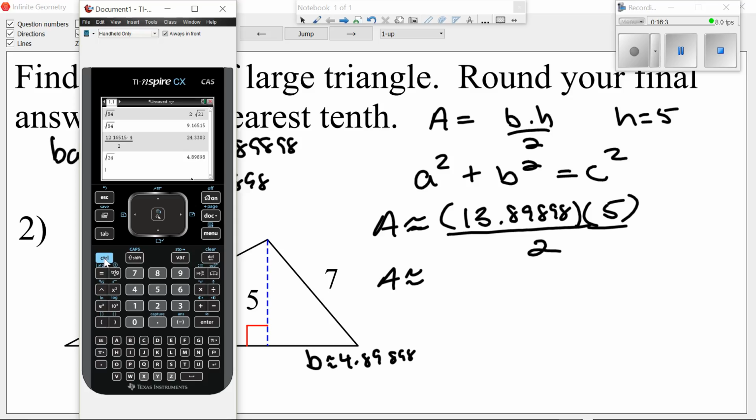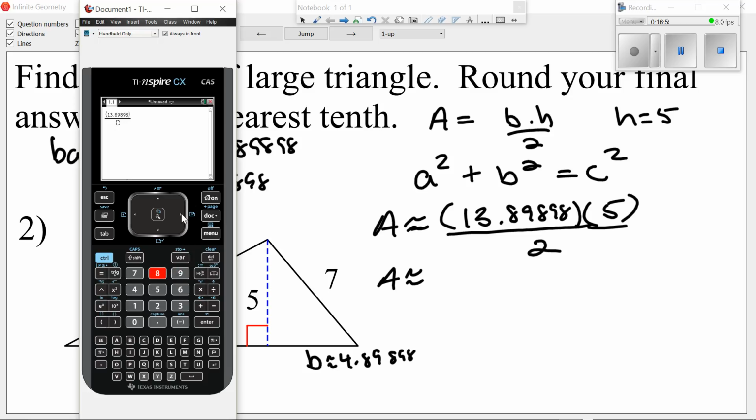So here I'm going to hit Control menu to clear this screen. Clear history 1. Okay, now I want to find out this answer here. So I'm going to Control and divide, which gives me the division template or the fraction template. Okay, parenthesis 13.89898.